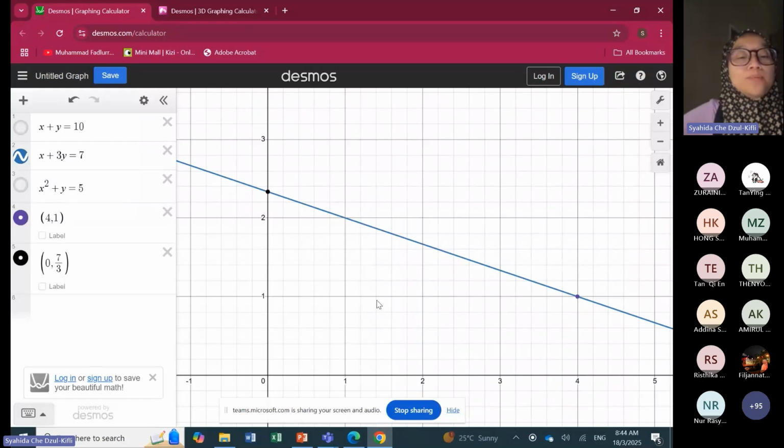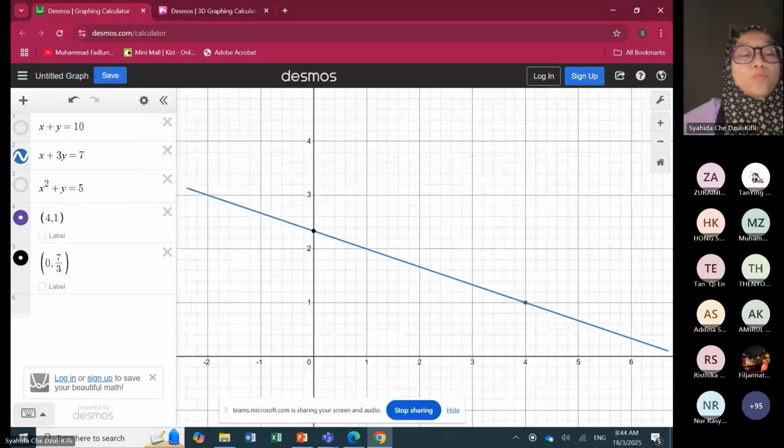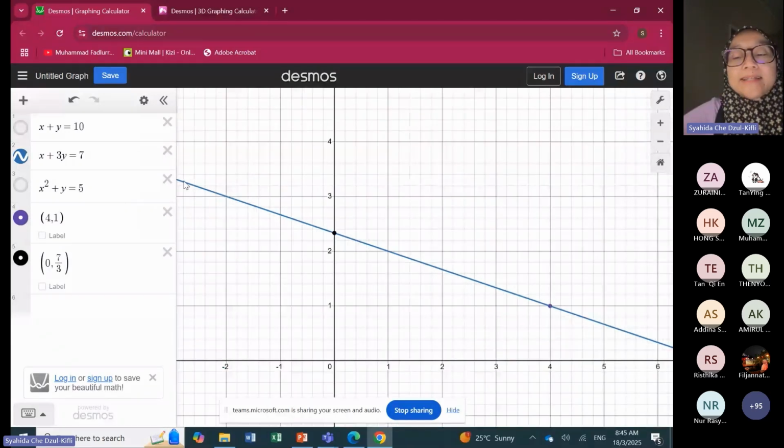We are also able to see that there are infinitely many points lying on the straight line.